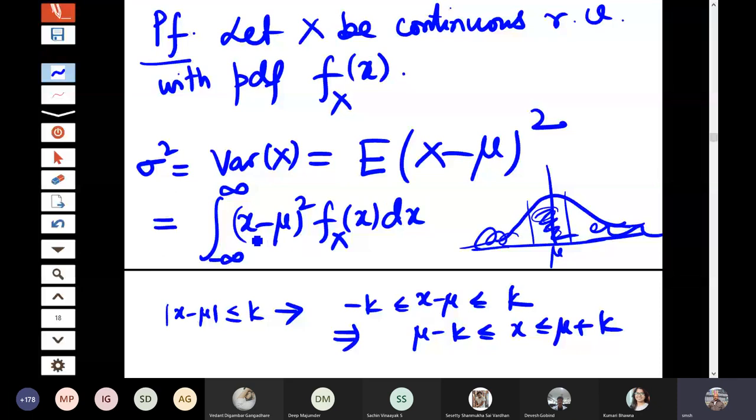So when I am looking at this integral, x minus mu square is nothing but a non-negative quantity, and density is of course non-negative. So if I consider the integral over one of these regions, either mod of x minus mu less than or equal to k or mod of x minus mu greater than or equal to k, then the value will become less, because this is over the whole region and this non-negative function, I am reducing the region.